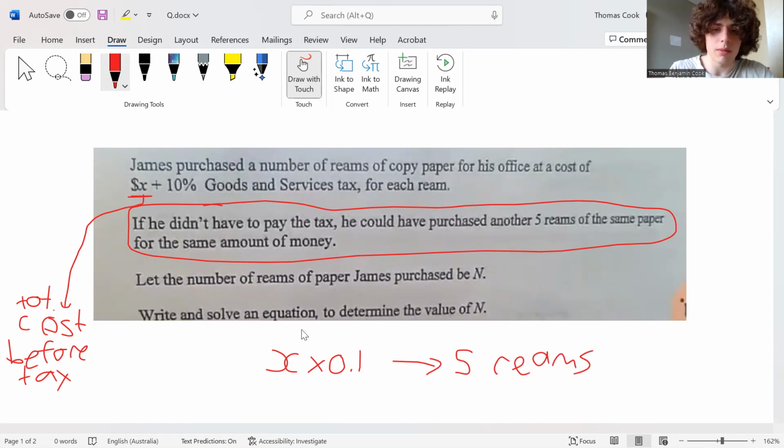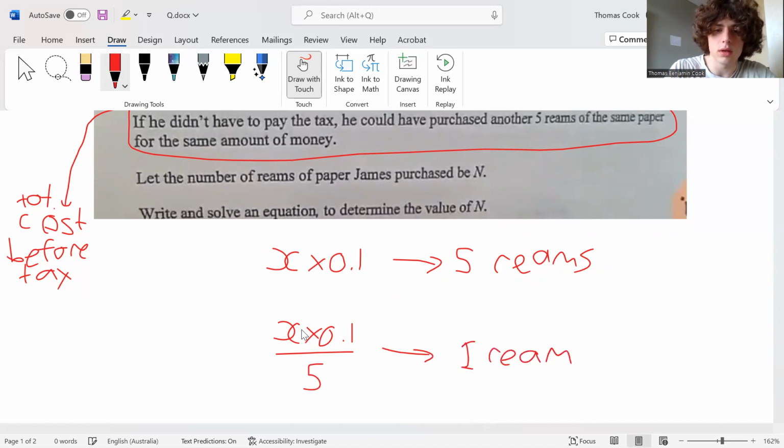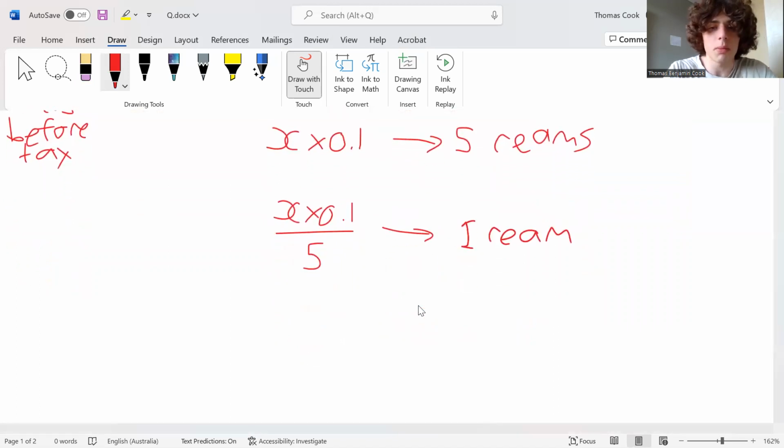So 10% of the total money would actually give him 5 reams. What does that mean? Well, that means that the cost of 1 ream before tax is x times 0.1 divided by 5. So that's just the cost of 1 ream. To simplify this a little further, I'm going to times the top and bottom of the fraction by 10. That's perfectly legal.